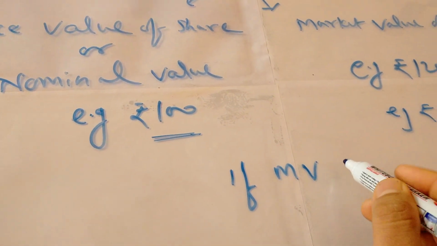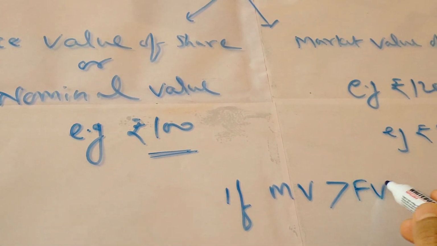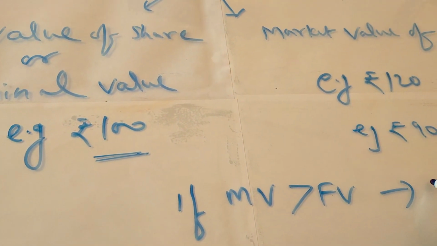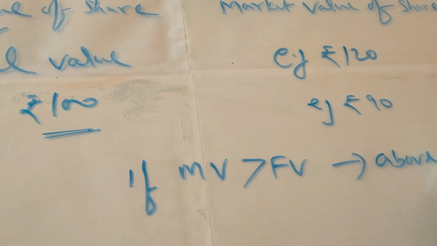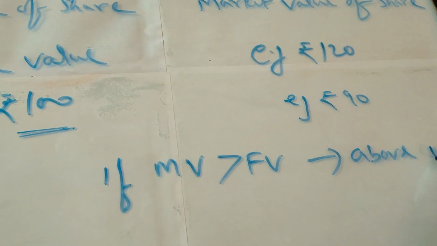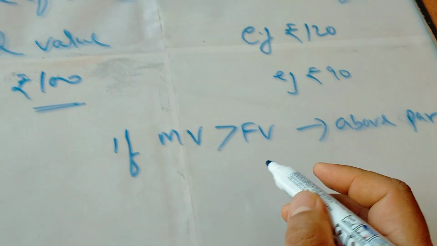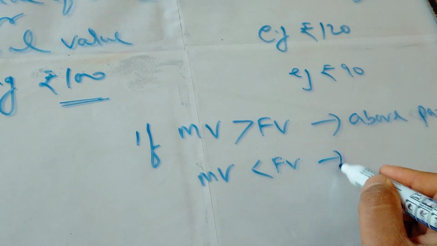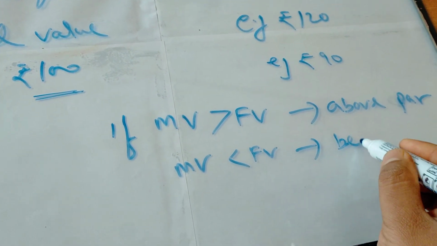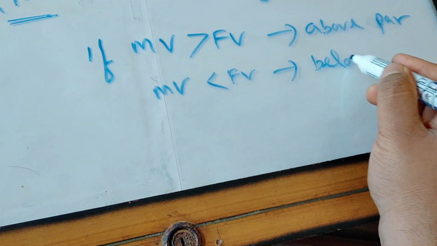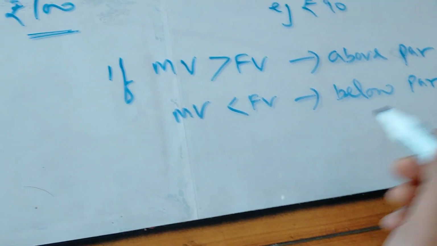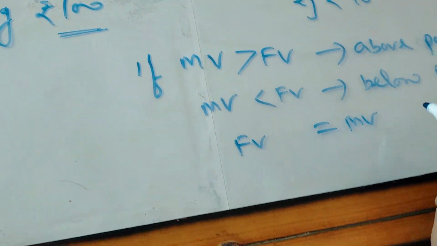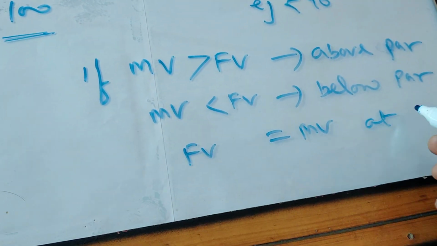So you can say if market value is more than face value, it is called above par. And when market value is less than face value, it is called below par. And lastly, if face value is equal to market value, it is called at par.